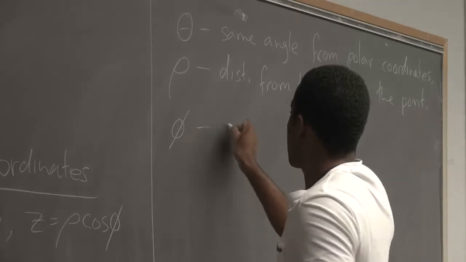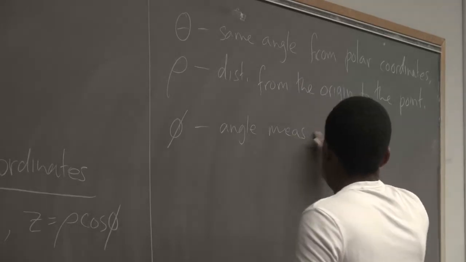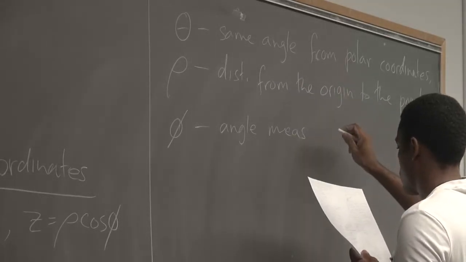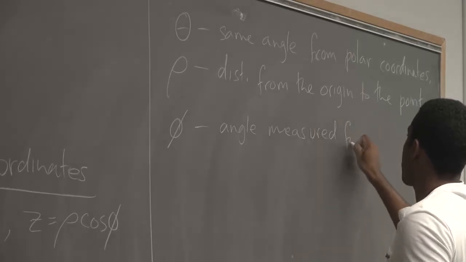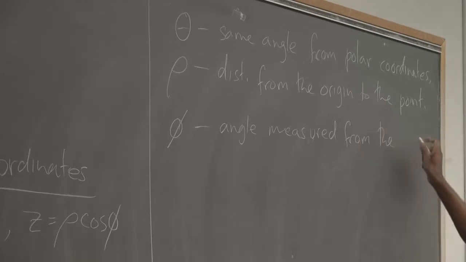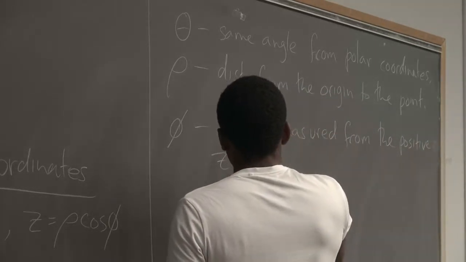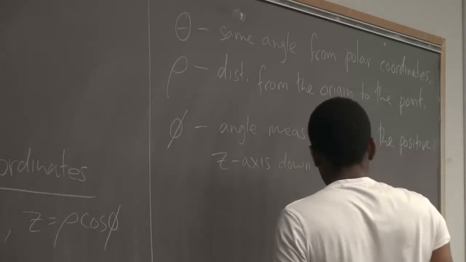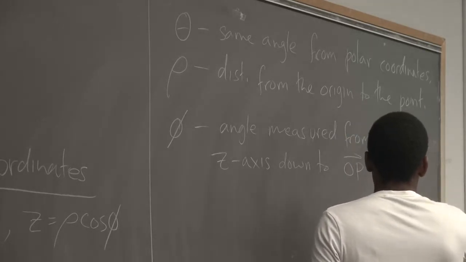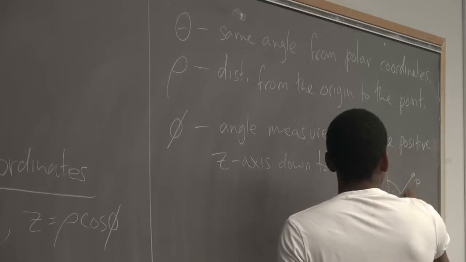Theta is the angle. I call the origin O and the point P, then your P would look like this.